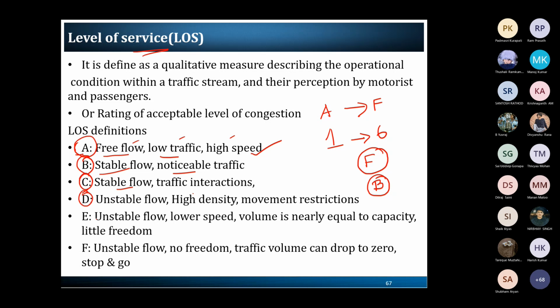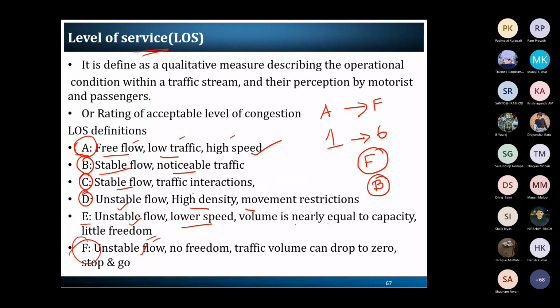D is nothing but, the remaining three are considered as unstable flow. In D, it is a high density. Sometimes movement restrictions are happening. In E, the speed is lower, volume is nearly equal to the capacity, and very little freedom is given with respect to movement.